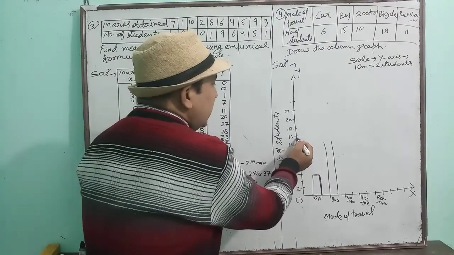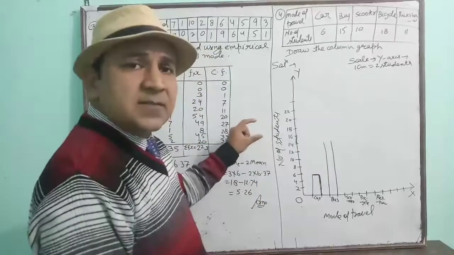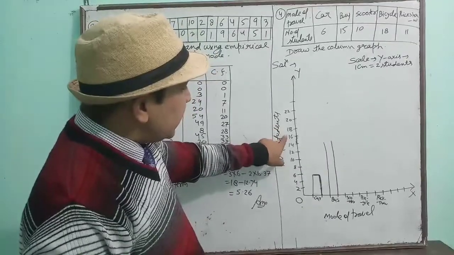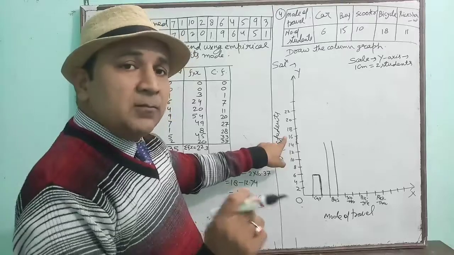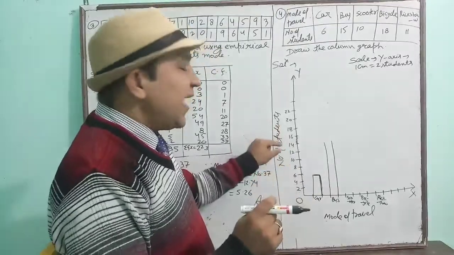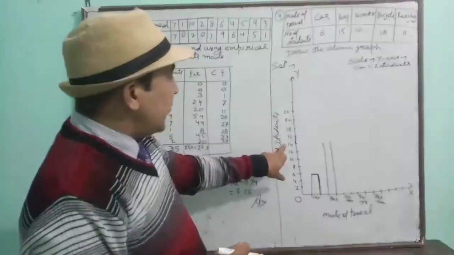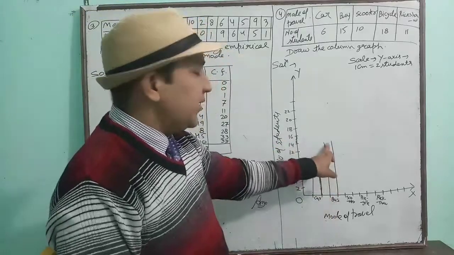There are 10 small boxes. So 10 small boxes are representing 2 students. It means 5 small boxes will represent 1 student. After 14, one more student you have to represent in the column of bus.